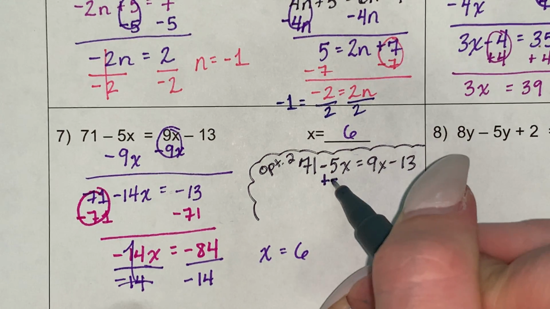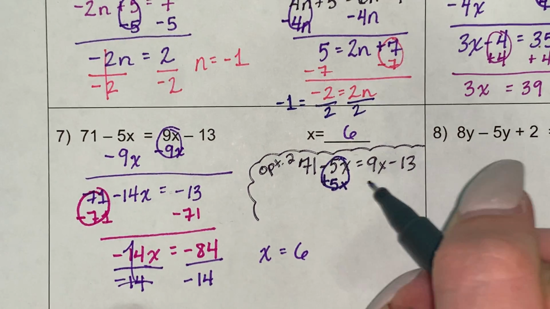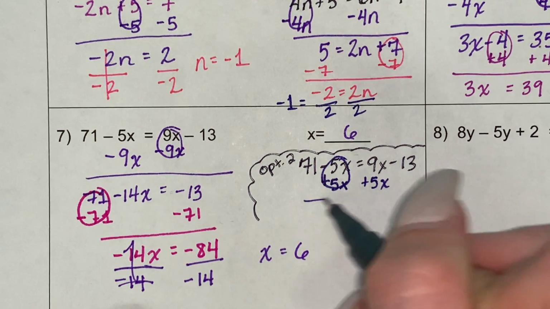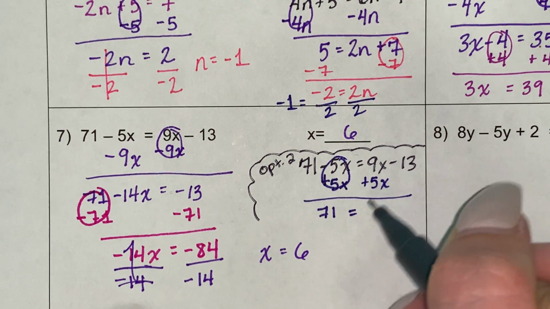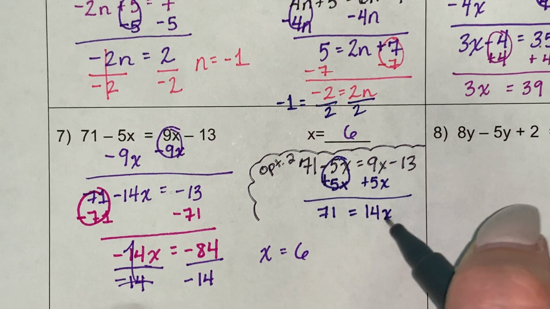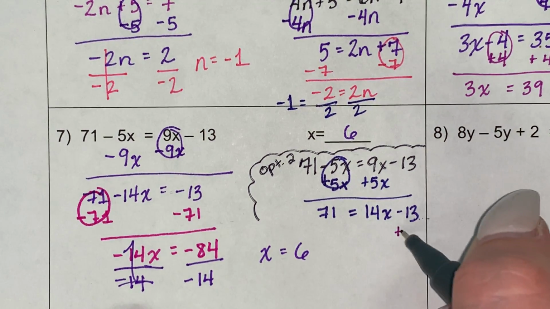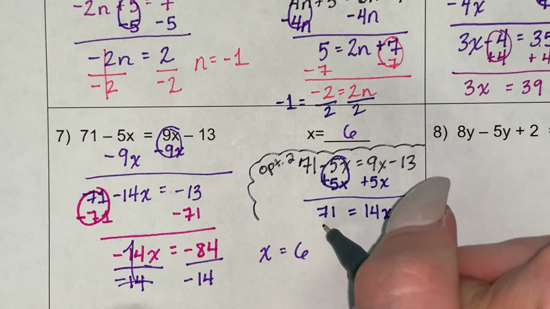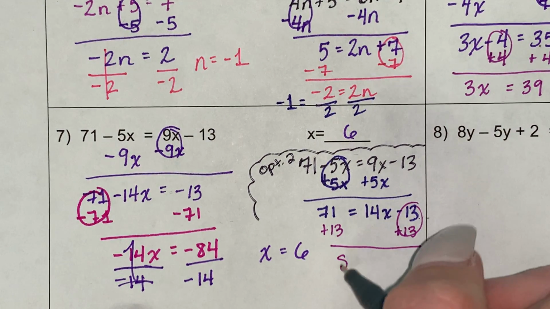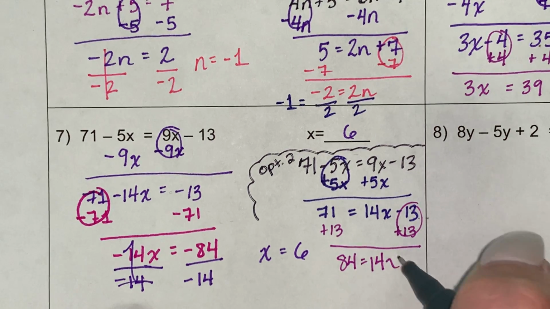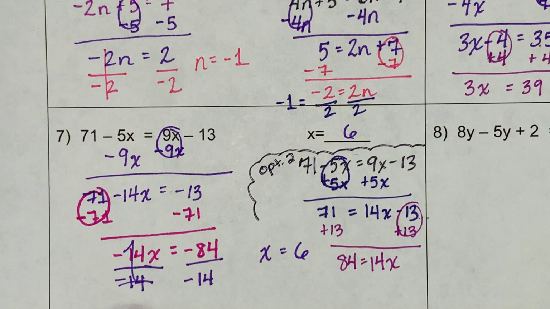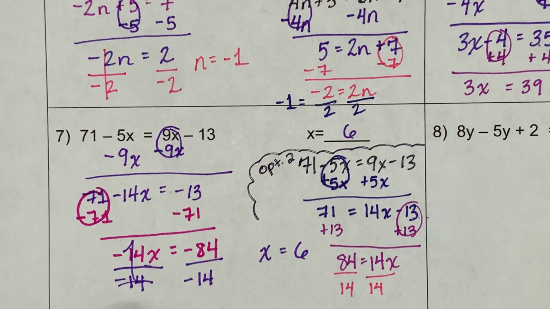So I'm going to add 5x, that way it zeroes out. 9 plus 5 is 14. Now when we move the 13, it's going to be adding 13, so this becomes 0. And then we get our final answer just by dividing both sides by 14. So x still equals 6.